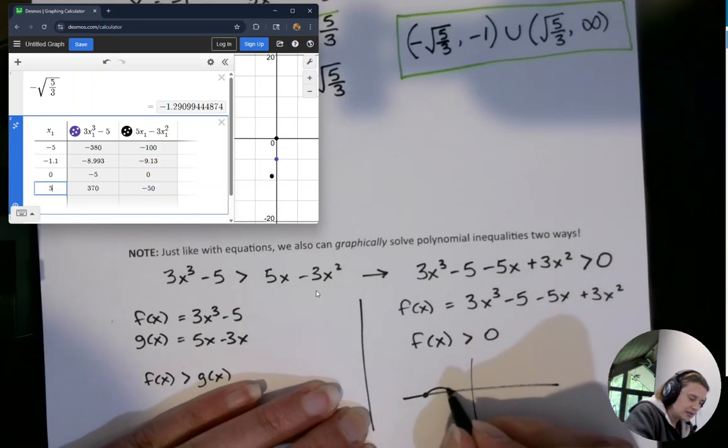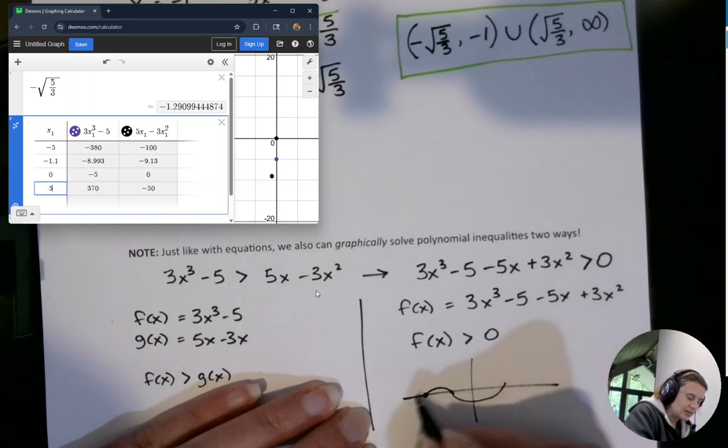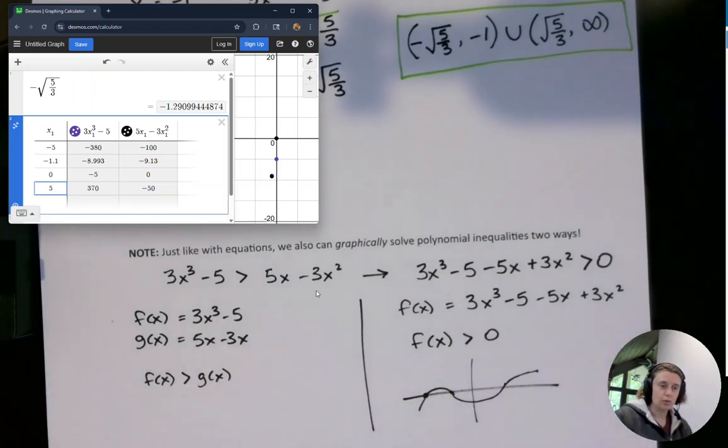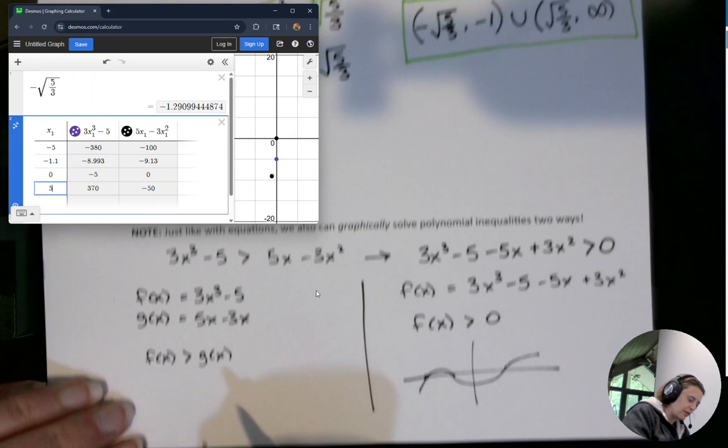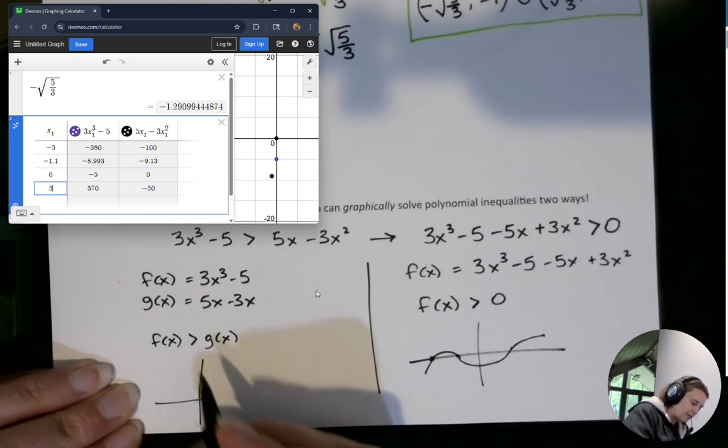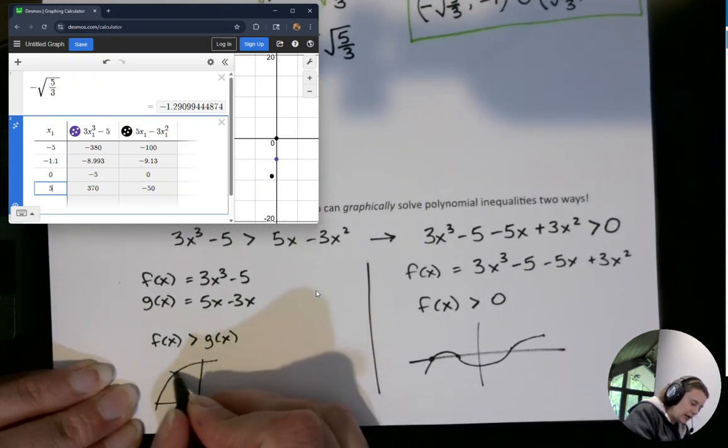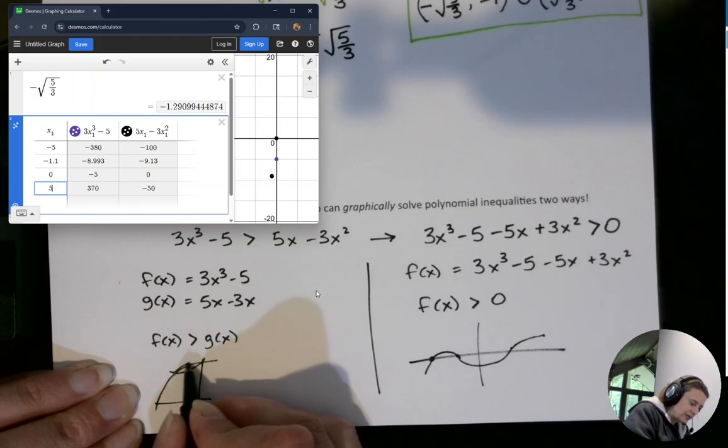So it's going to be easier to tell where the function is above or below the x-axis than it would be to determine at some unknown height where I need to rescale my graph where one function is higher than the other.